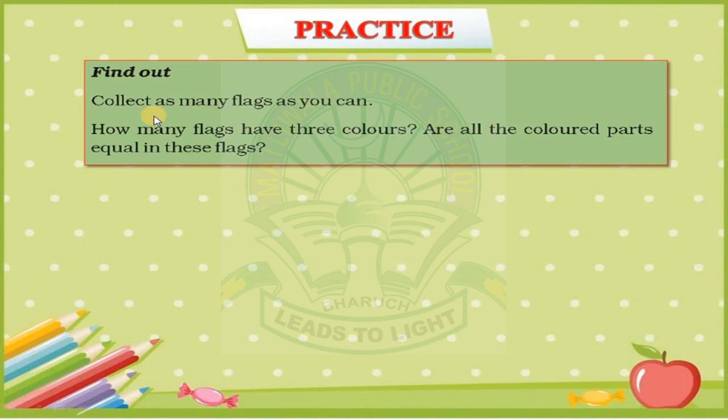You can find the flags of a number of countries, and then you have to find out how many flags have three colors. Are all the color parts equal in these flags or not? This activity you have to do by yourself. Clear what I am telling you, beta?